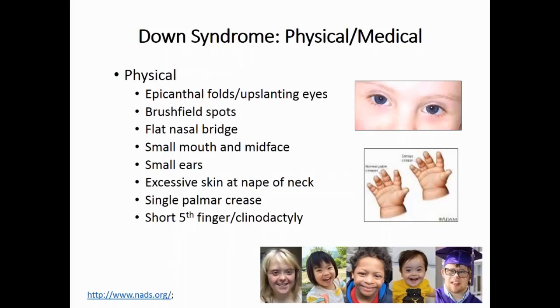Brushfield spots, if you look closely at the picture of the eyes, are grayish or white spots on the periphery of the iris representing aggregation of connective tissue. There's a flat nasal bridge, small mouth, midface and ears, excessive skin at the nape of the neck, a single simian crease crossing the palm, and a short fifth finger that has an inward curve called clinodactyly.